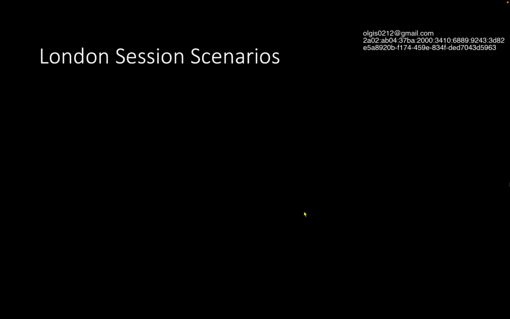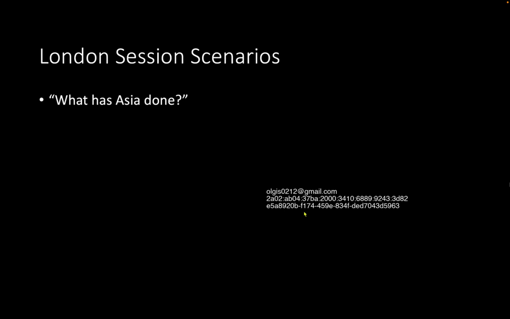So let us take a look at the scenarios within the London session. First of all, the main question that we will be asking ourselves if we take a look at London is the following. What has Asia done? The first model that we will be discussing in a bit is the Asia high, purge and revert model.